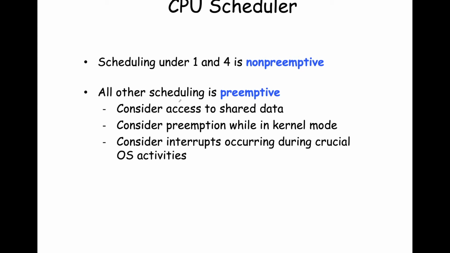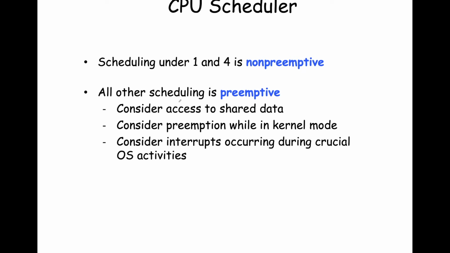Okay, and so all other scheduling, cases 2 and 3, those different points, those are preemptive. And if you think about some process being halted from its execution, you have to consider all sorts of resources that that process might have collected or might be interacting with. So think about shared data, right? If you're looking at shared memory, you have to think about what's going to happen if you're preempted. What about if you're in kernel mode?